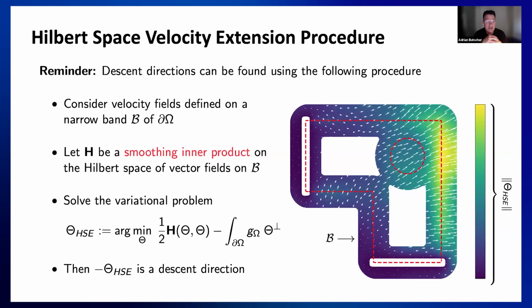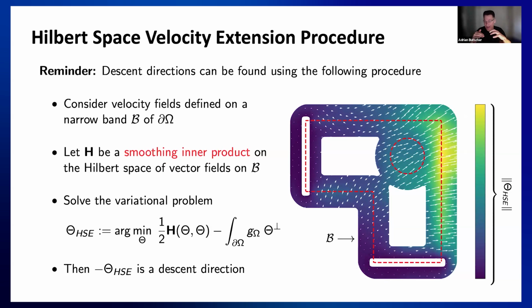So we've developed a procedure for doing this. We're going to do this by modifying the Hilbert space velocity extension procedure, which is a common technique used in topology optimization to construct velocities for level set shape updates given sensitivity information on the boundary. The way this is done is you consider velocity fields that are defined on a narrow band of the boundary. This is to ease computational burden.